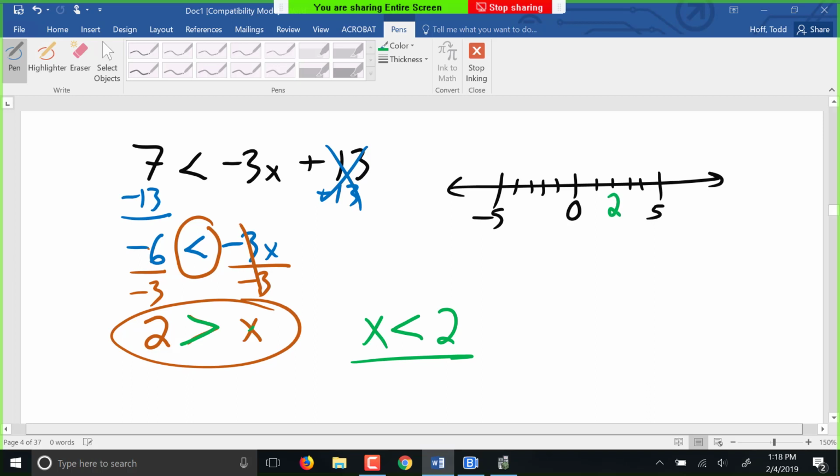At 2? Open or closed dot? Open dot. Point to the left or the right? To the left. Or in solution set notation, all values of x such that x is less than 2.